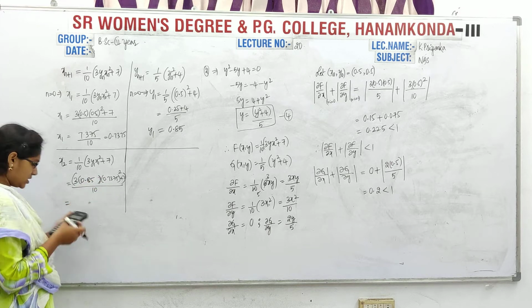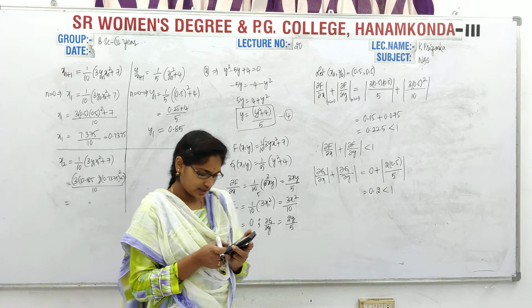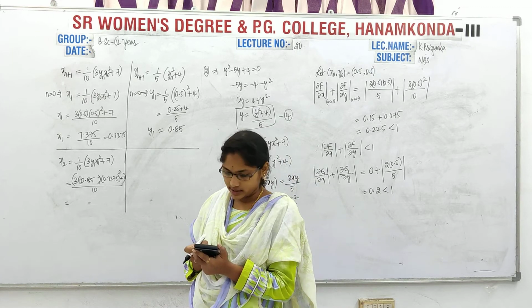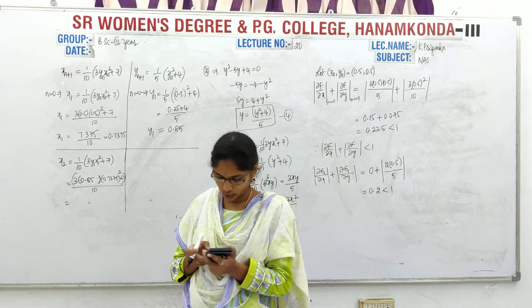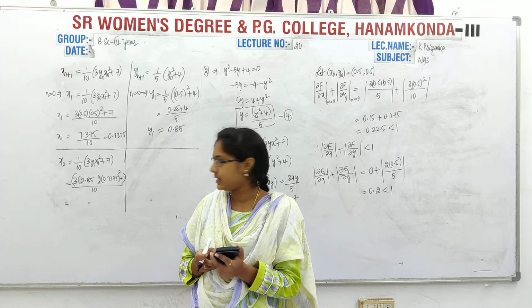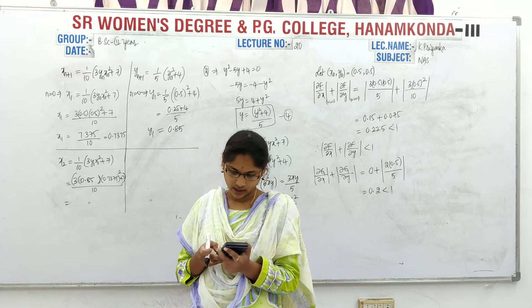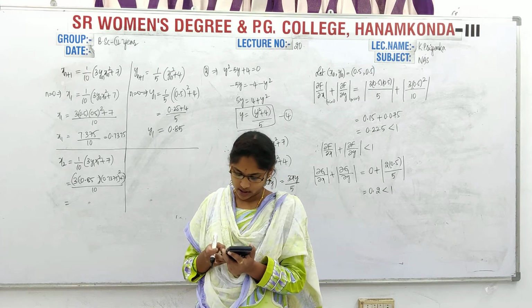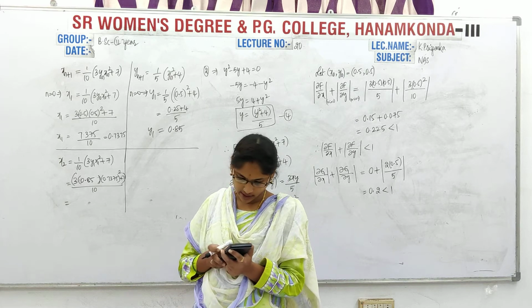Now just calculate 0.7375 whole square, then you have one value, into 0.85, again into 3, plus 7, divided by 10.